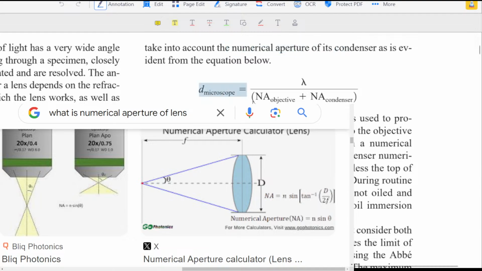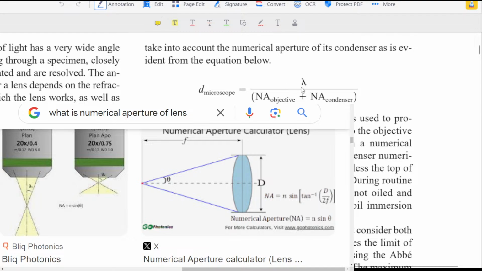And how do we know it happens? D microscope. So this is the distance from the microscope, I think. We were talking about the D of the objective lens, but here we are talking about the microscope, and that only means, I think, the condenser, which is in the stage of the microscope.